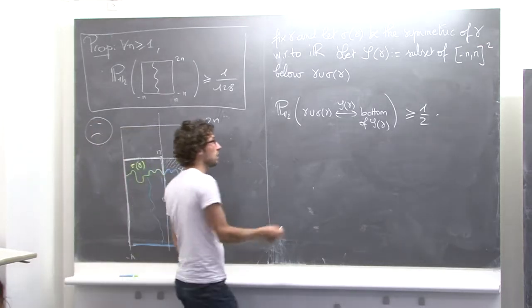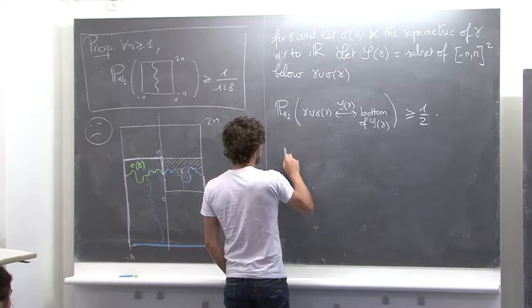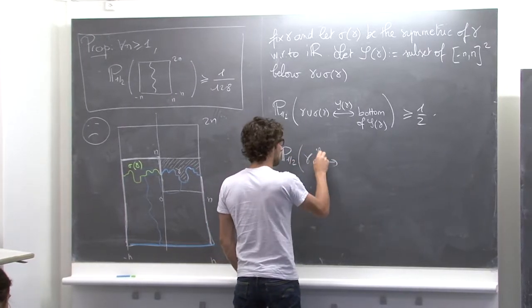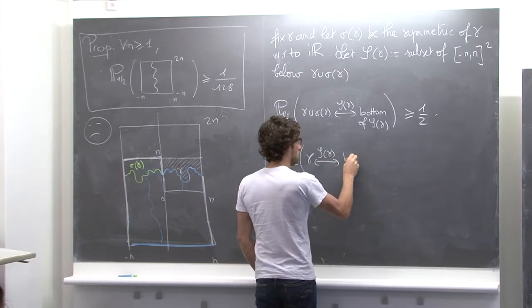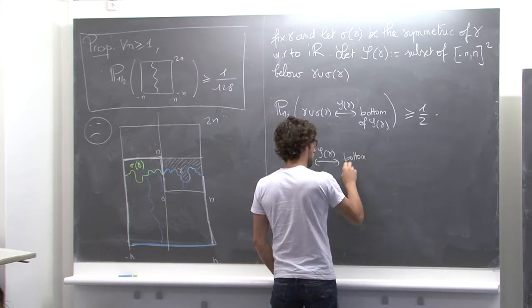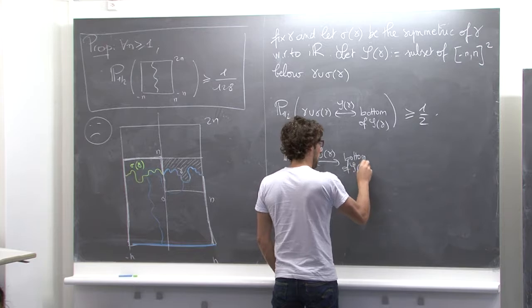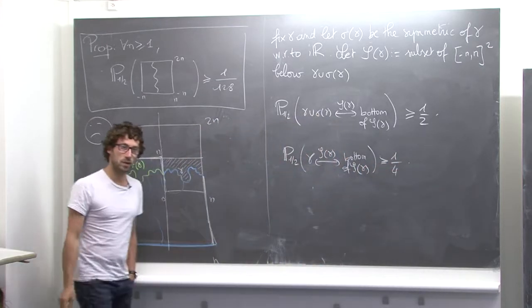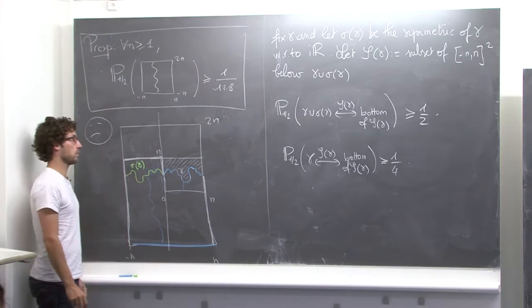So the FKG inequality, or just the union bound actually, tells you that the probability that gamma is connected in S of gamma to the bottom of S of gamma is larger than 1/4. Okay? So this was just one observation.